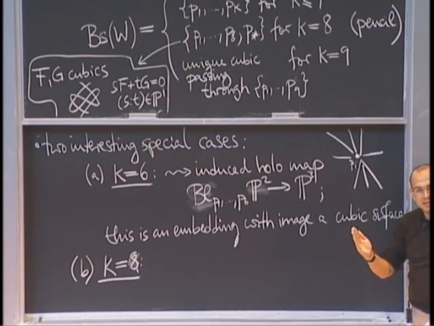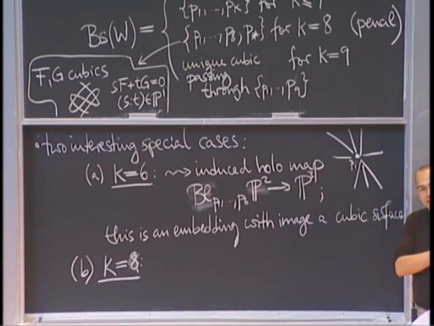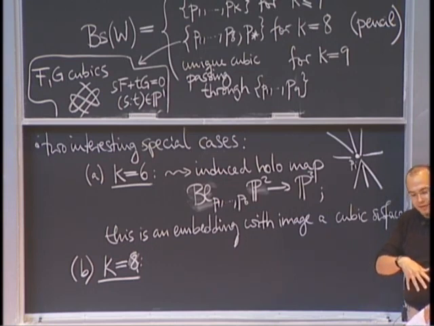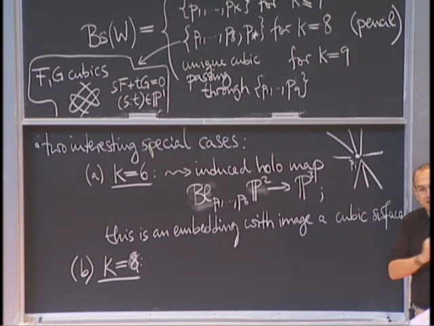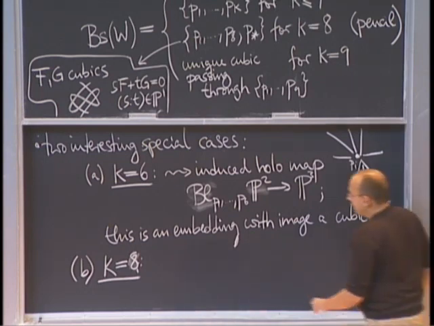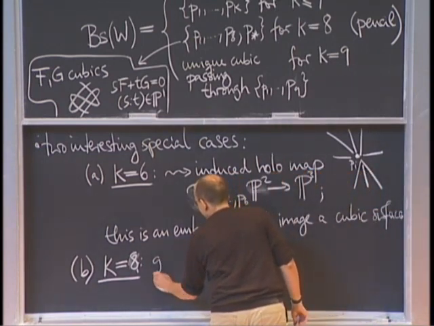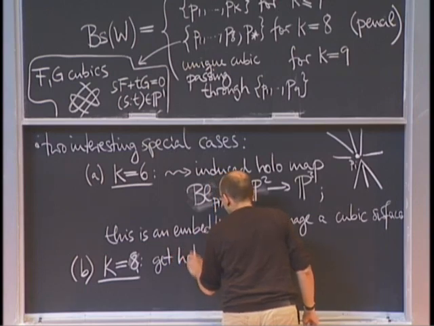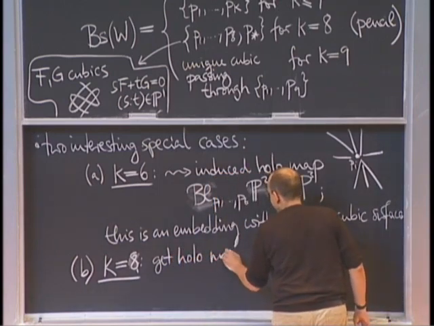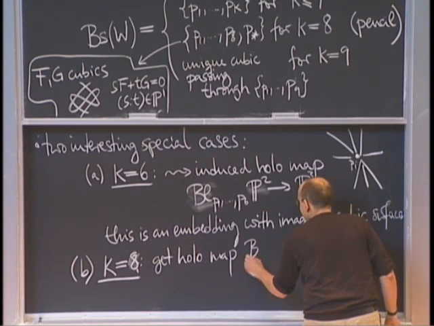So what I'm going to get is that if I blow up these 9 points, then my surface is going to be fibered by elliptic curves. So it's a genuine holomorphic map to P1. And the preimage of each point in P1 is one of these elliptic curves. So it's a fibration of my surface.